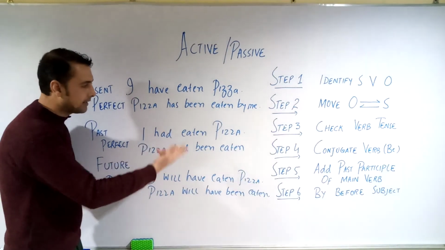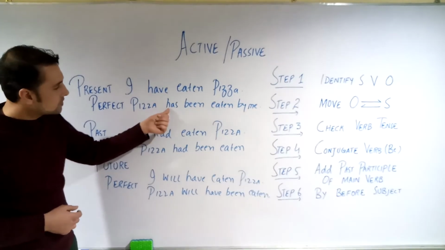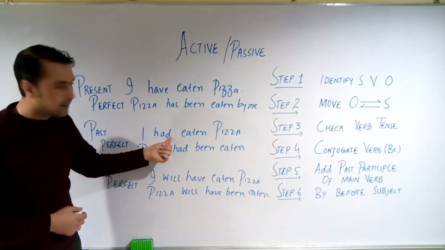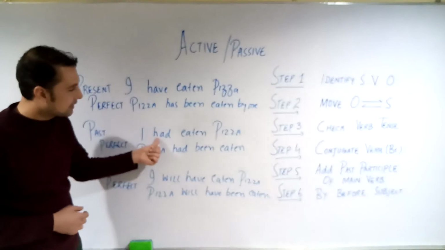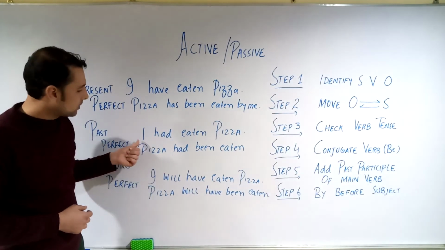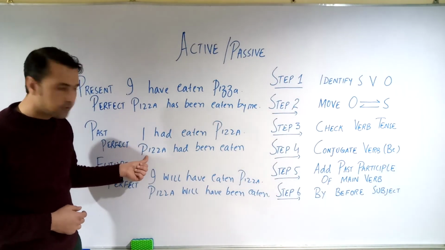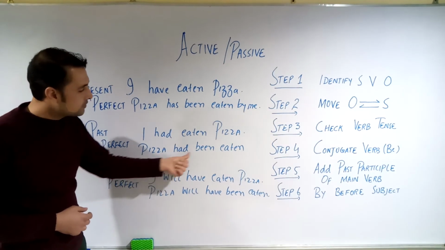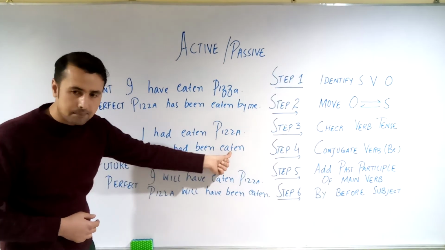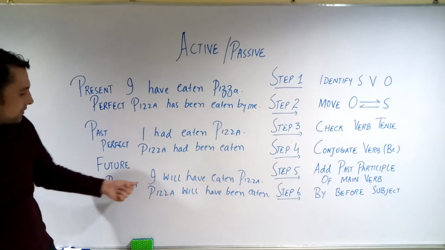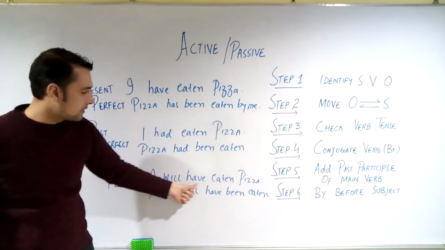Again, I had eaten pizza. Instead of using has or have, here I have put the past form of that, had eaten. So what I need to do? Again I have to bring pizza: had been eaten by me. Likewise in future, I will have eaten pizza.